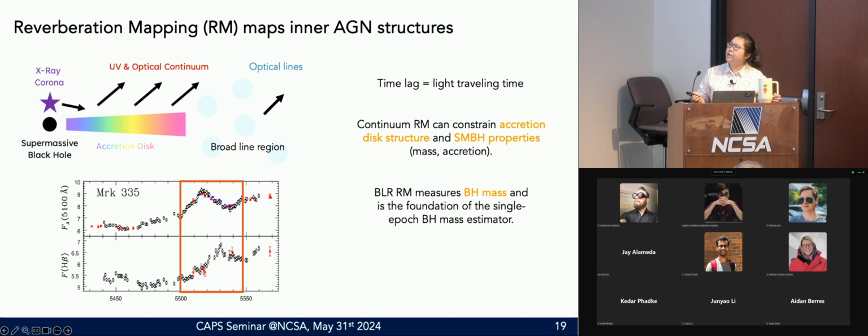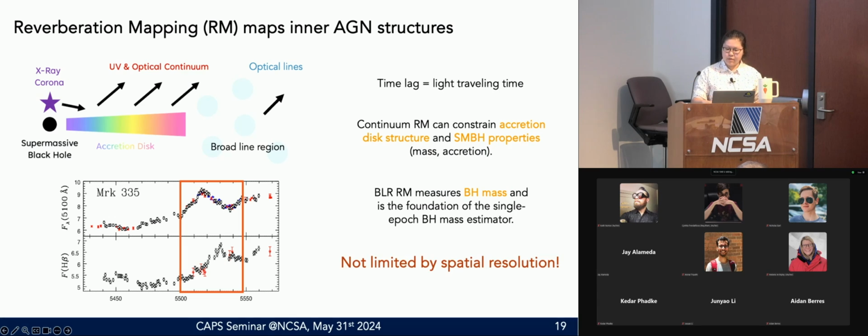So you see the peak to peak here, there's a tiny shift. And so the time lag roughly corresponds to the light travel time from the accretion disk to the broad line region. And using that, we can map out the size and the structure of the AGN and constrain different things like accretion disk structures or supermassive black hole mass and accretion rate.